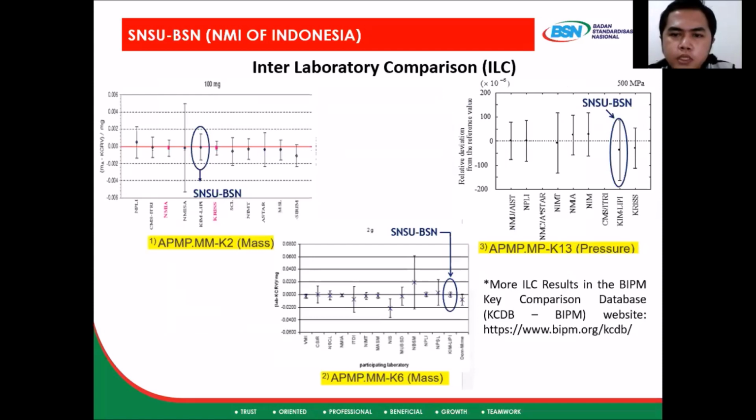This is how we ensure that our values conform with other NMIs. Like for the mass, KIM LIPI, the previous name, now SNSU-BSN, we conform with other NMIs like NMIA Australia, KRISS Korea, NIMT Thailand, and this is an example for pressure.